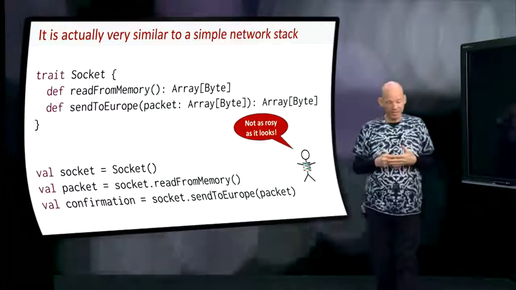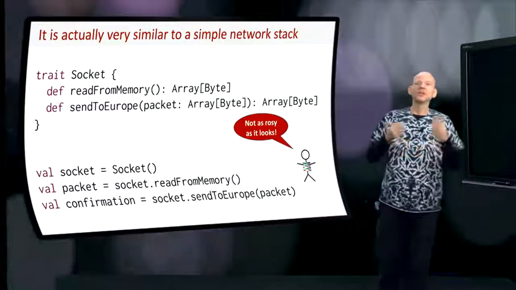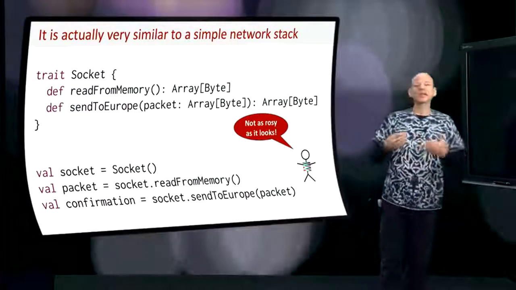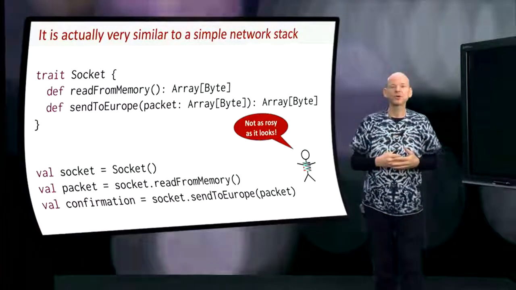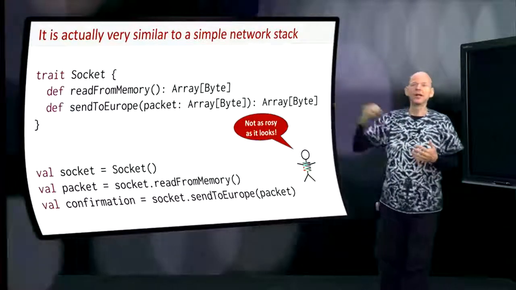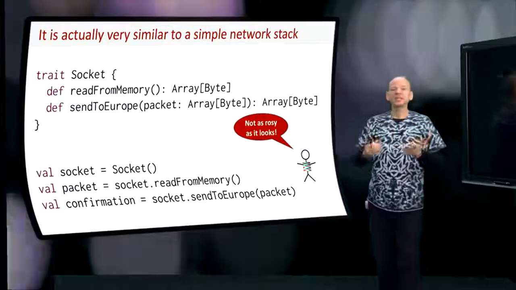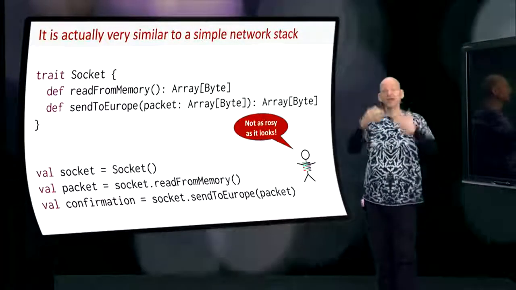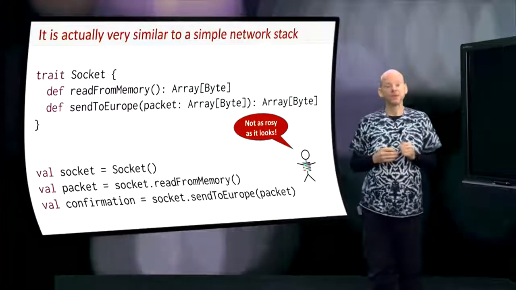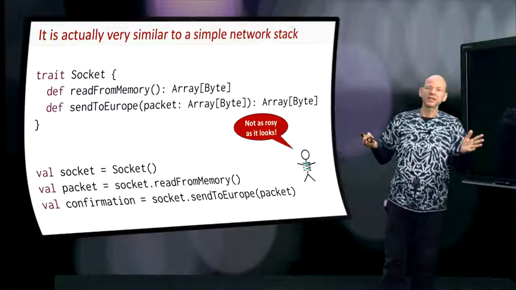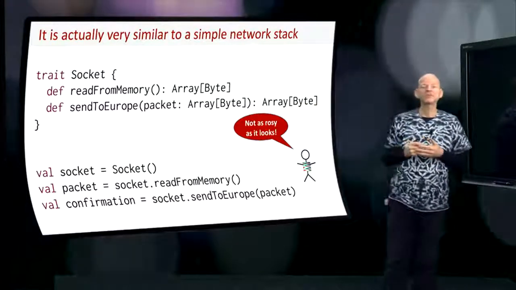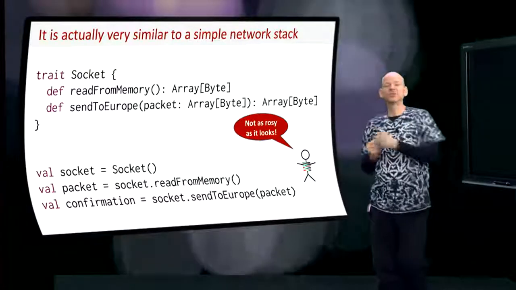And instead of collecting lists of coins, we're going to read from memory an array of bytes. And instead of buying treasures, given a list of coins, we're going to send a packet from the US to Europe and back. But you see that the signatures have the same shape as our little adventure game, and our little script even looks the same. We're first creating a socket, we're reading from memory, we get an array of bytes, and then we send a packet to Europe and back.